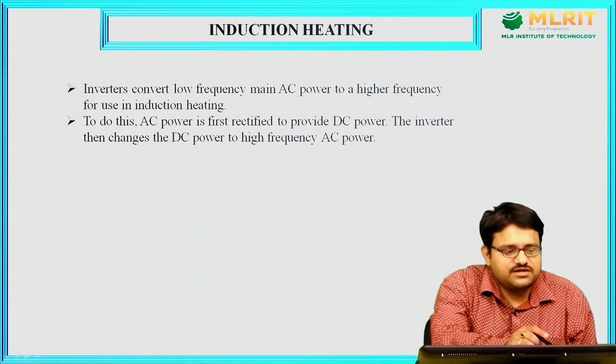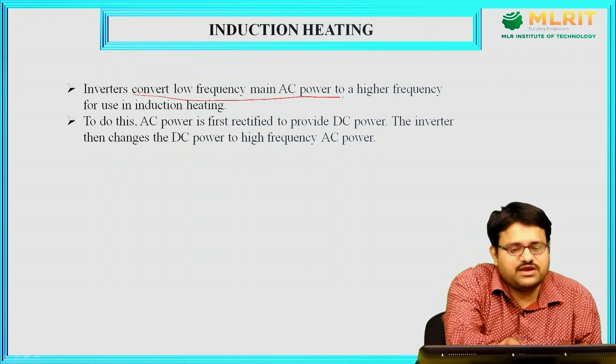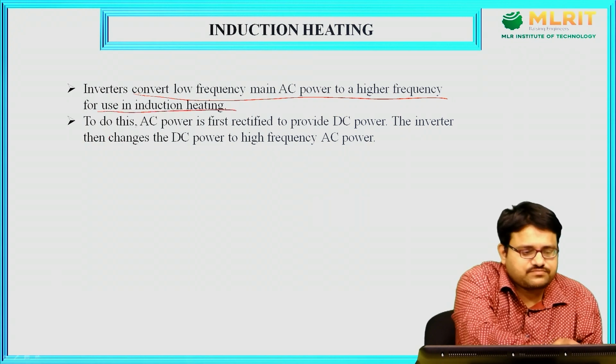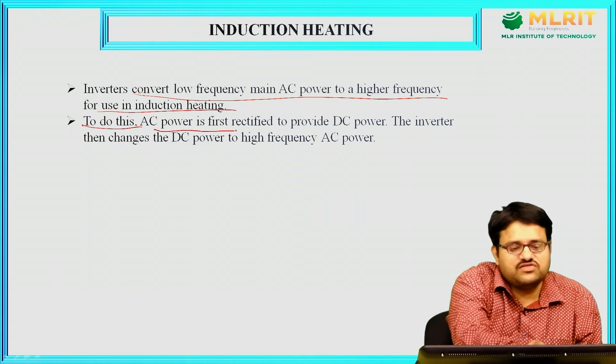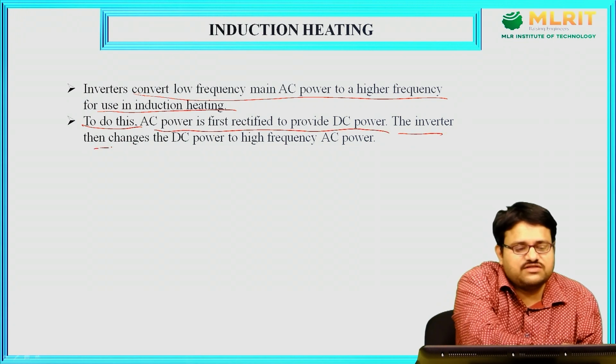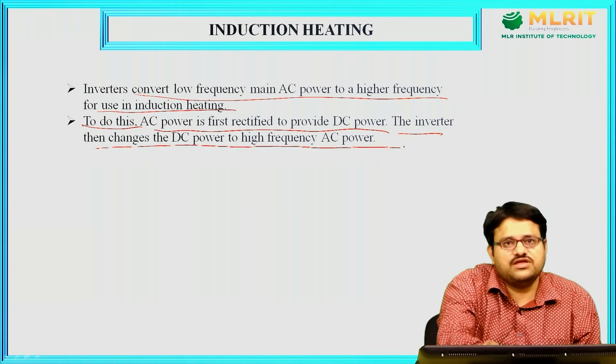Induction heating. Inverters convert low frequency main AC power to a higher frequency for use in induction heating. To do this, AC power is first rectified to provide DC power. The inverter then changes DC power to high frequency AC power.